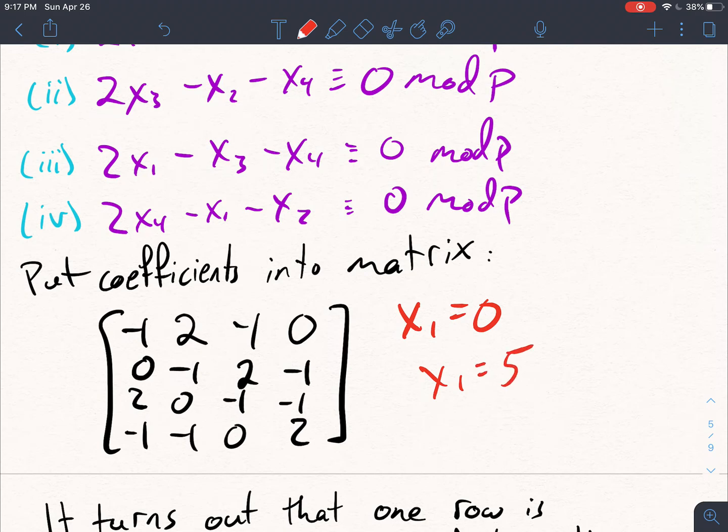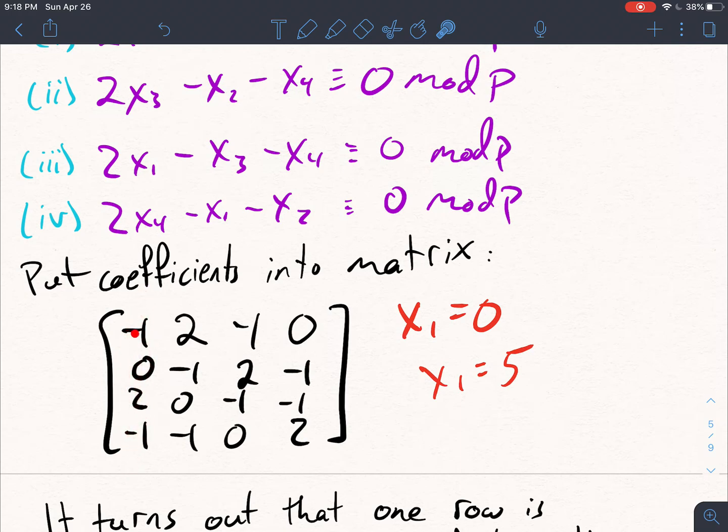And this is fine, because if you have a mod p solution, and let's say x1 was equal to 5 in that solution that you found, then you just subtract 5 from every strand, and then your new x1 would be 0, and all of the other strands would just be different. You just subtracted 5 from them.